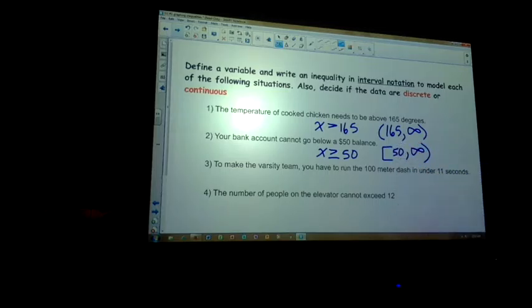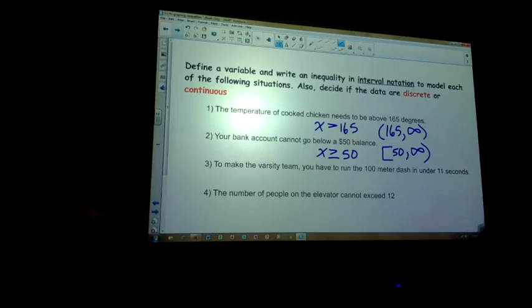To make the varsity team, you have to run the 100-meter dash in under 11 seconds. So what's the maximum time? 11. Now, am I going to go to negative infinity? No. Where am I going to start from? 0. You're absolutely right. It's not a negative. You're not going to run 100 meters in a negative amount of time.